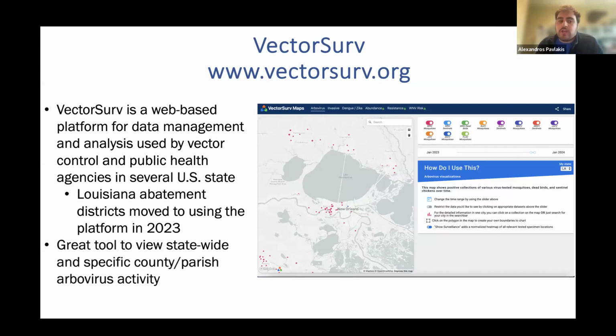And it's a really great tool to view statewide and really specific county or parish arbovirus activity for many different arboviruses, including West Nile virus, Western equine encephalitis, Eastern equine encephalitis, and so on. So if you haven't checked out that site, it's very amazing and has great public-facing maps.